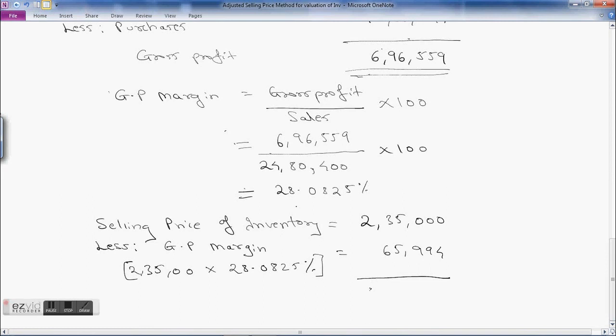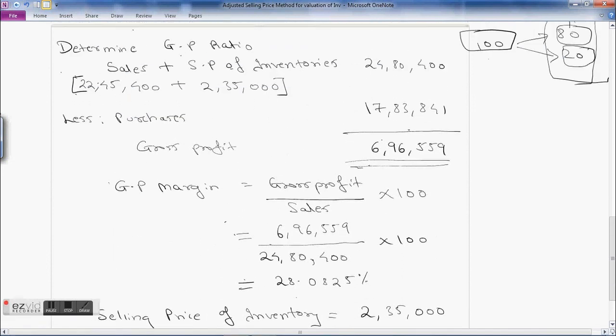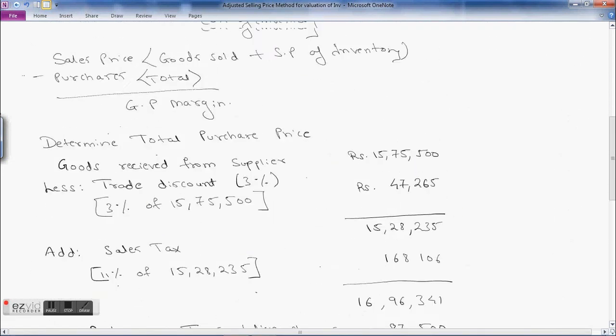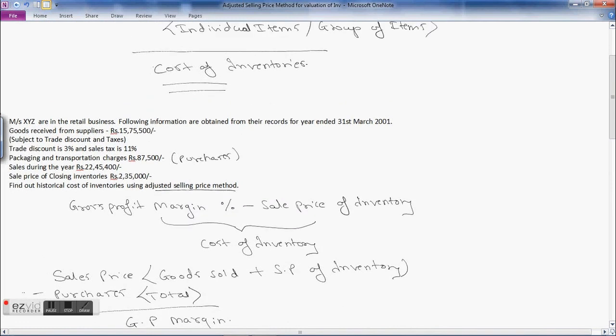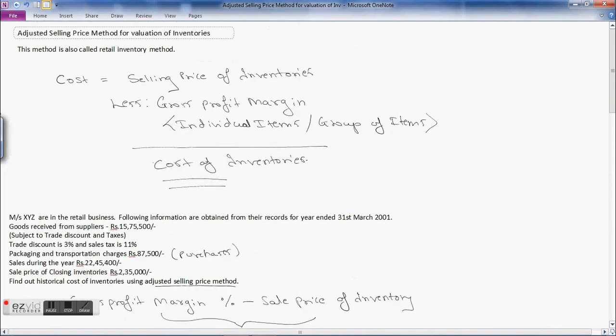So 1,69,006 is your historical cost of inventories, as per adjusted selling price method or retail method. So this is how you calculate historical cost of inventories as per retail inventory method.